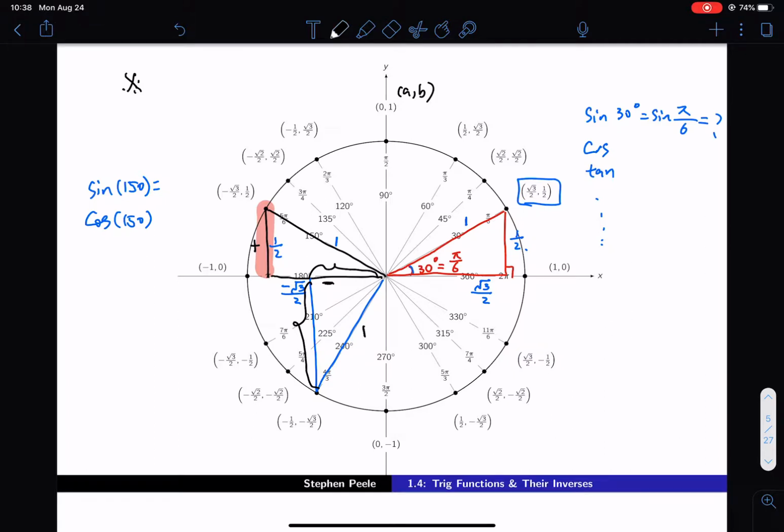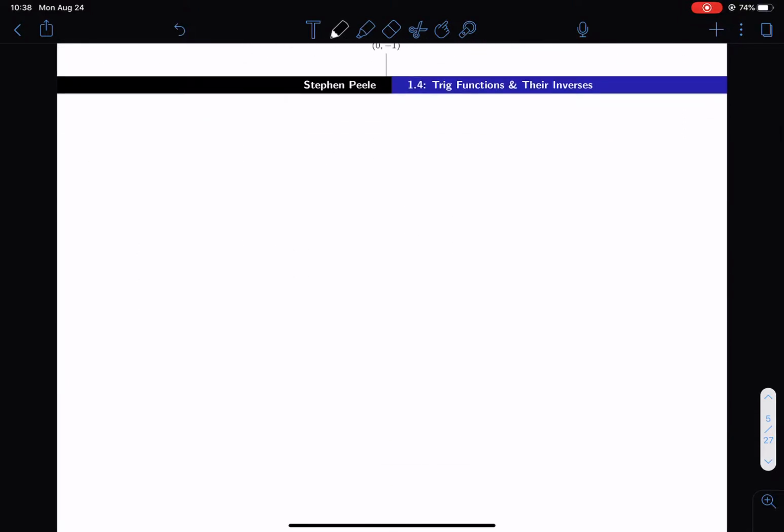If the question asks you to solve this equation or find the inverse function, another method is to just draw the function graph. So for example, for the sine of x, we know it is like this.